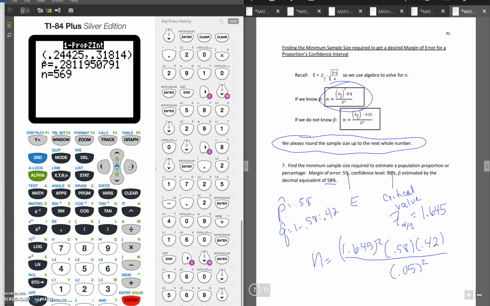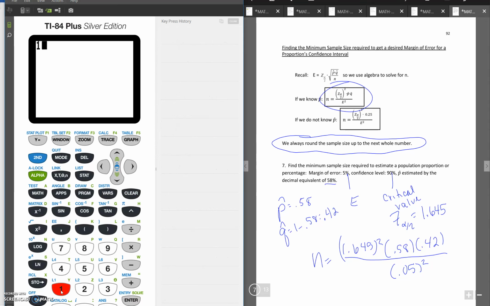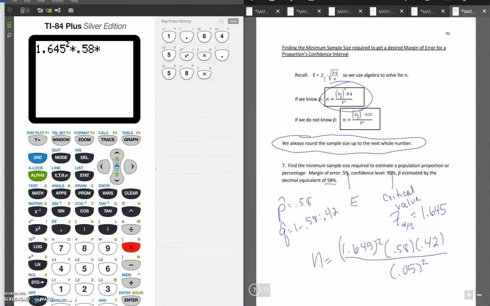So on our calculator, we're going to do 1.645 squared times 0.58 times 0.42 divided by 0.05 squared.